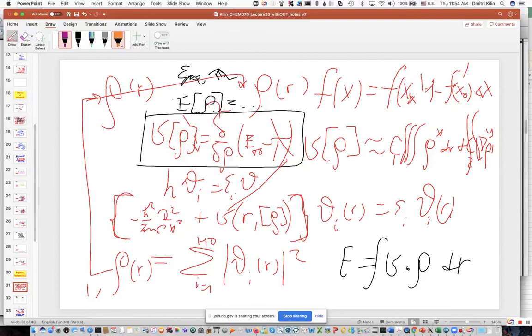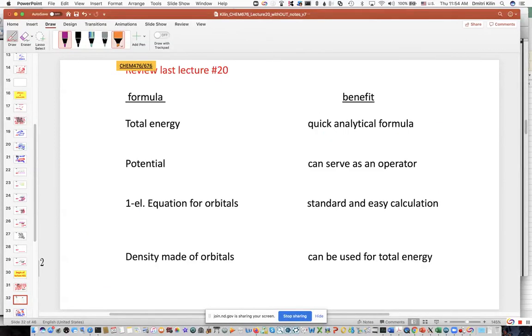So there are several key equations for density functional theory. And before we go to equations, let's bring them as concepts verbally. So total energy, that is later set up as a simple formula.